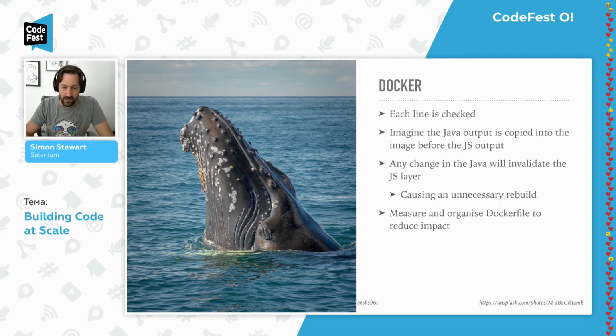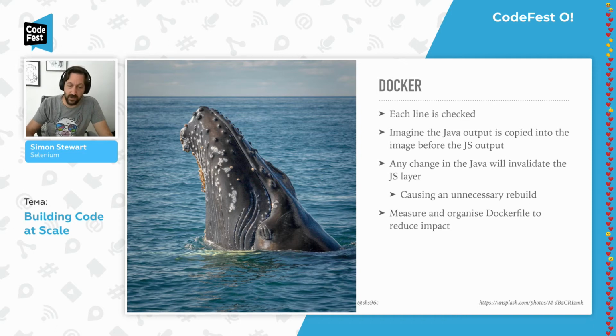And so if in our putative project the JavaScript changes relatively infrequently, but the Java changes very often, probably what we want to do is place the JavaScript layer before the Java one. Similarly, if the JavaScript layer is the one that changes most, then we want to put that in the Dockerfile last. So Docker causes our builds to be slower than they otherwise could be or should be, right?